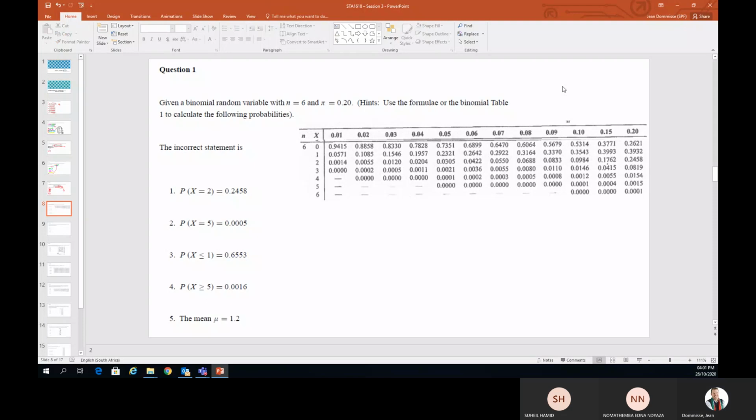What I want to show today is more how to use the tables. You will get the table in the exam.